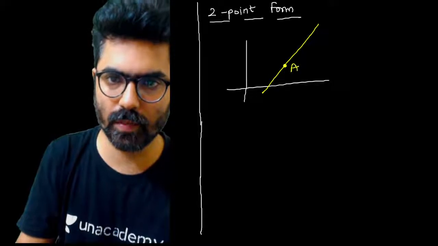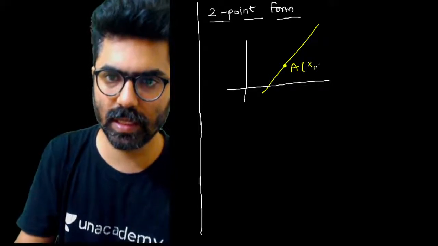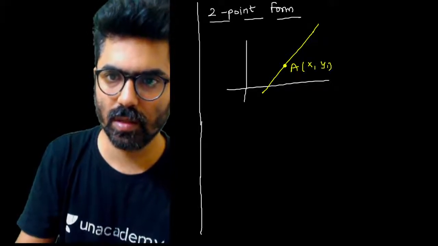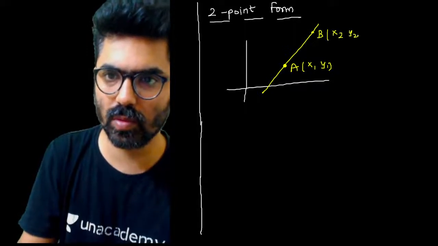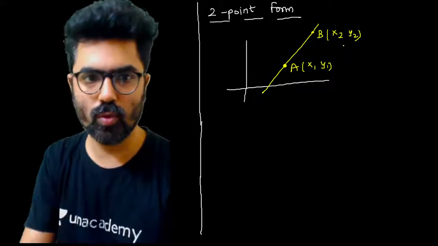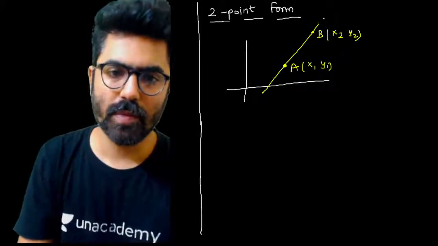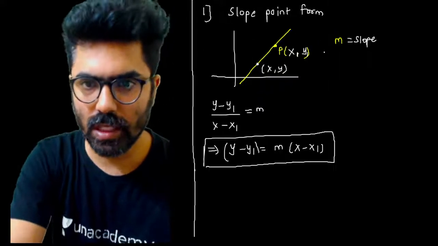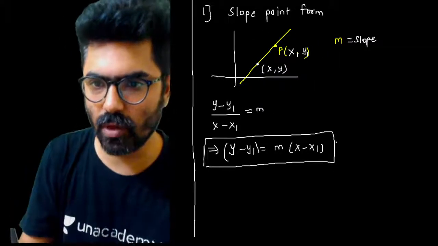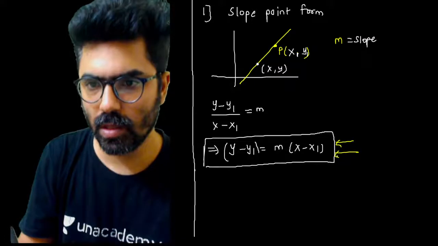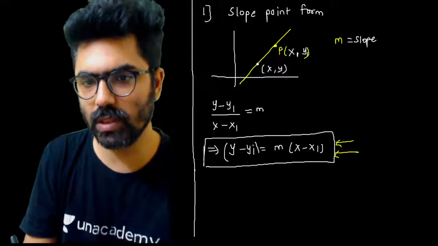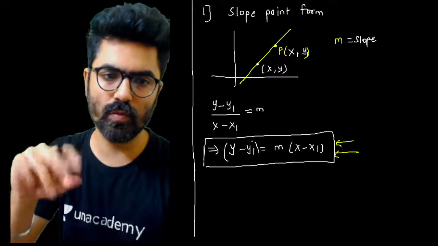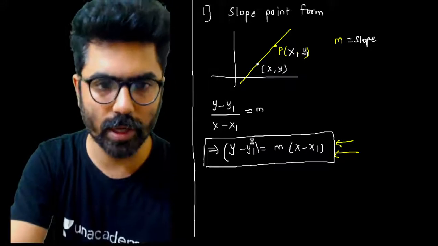Let's say you are given the point A, which is x1, y1, and the second point B, which is x2, y2. Keep this in mind: slope point form is the major form, in which slope and a point were given. Right now, instead of the slope, they have given the other point.